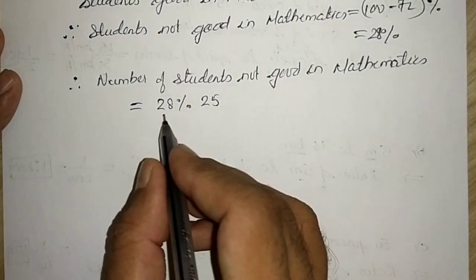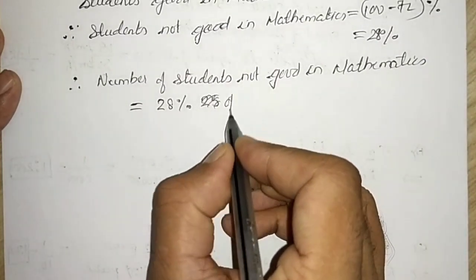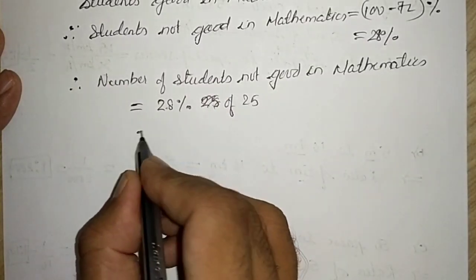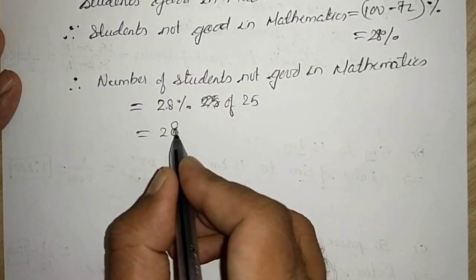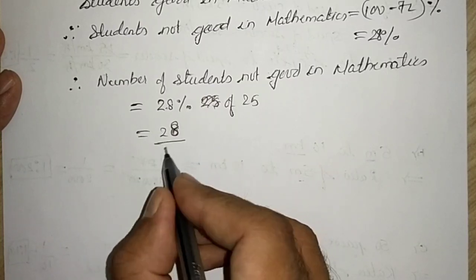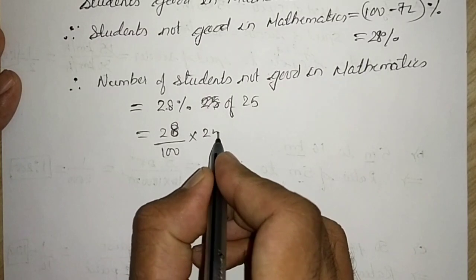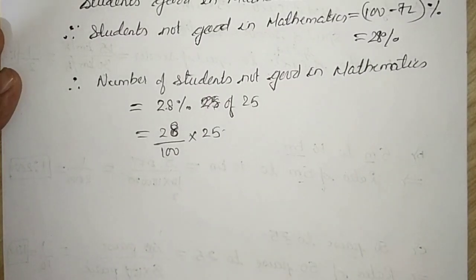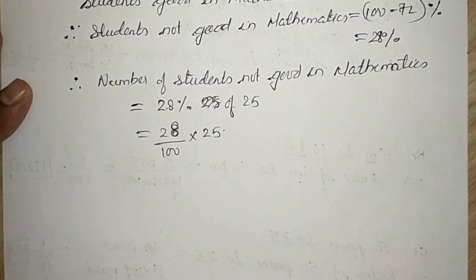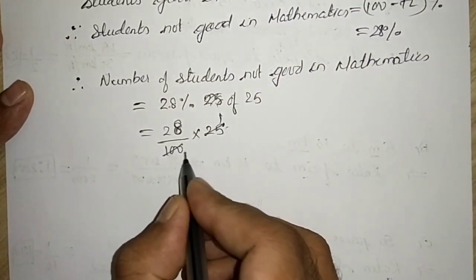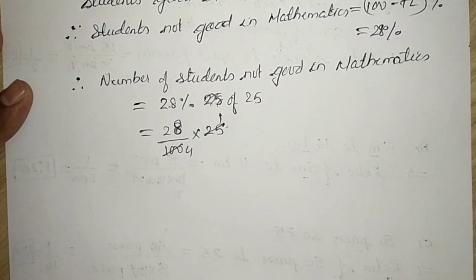So we will write 28% of 25, and 28% of 25 can be written as 28 divided by 100 multiplied by 25. 25 ones are 25 and 25 fours are 100, so they will cut out.